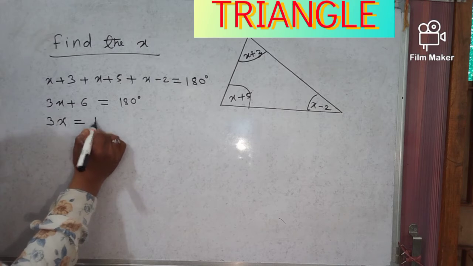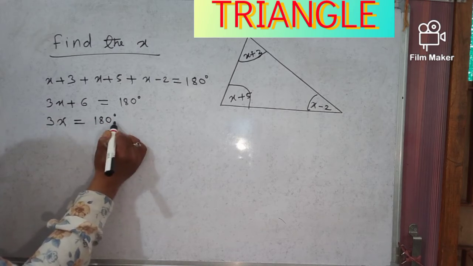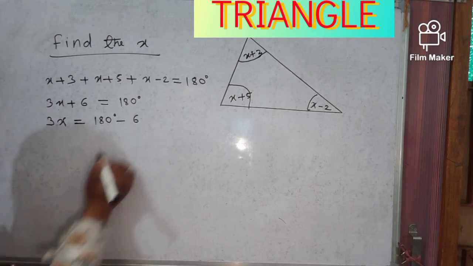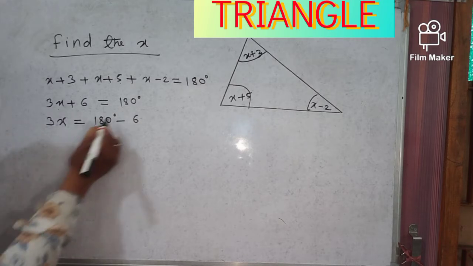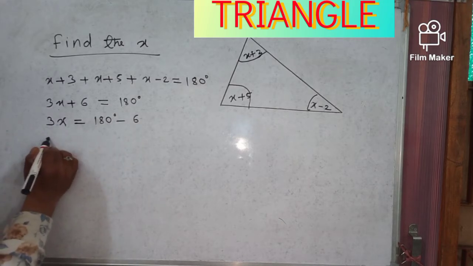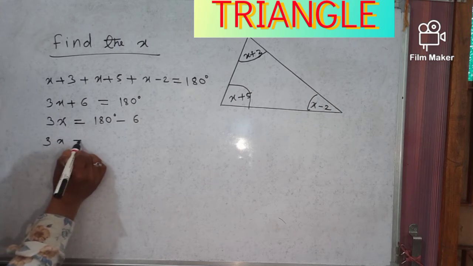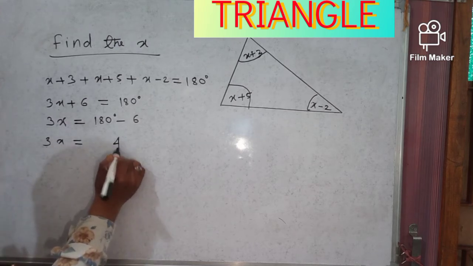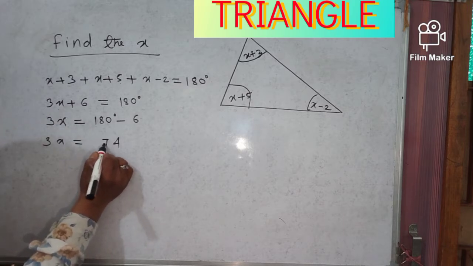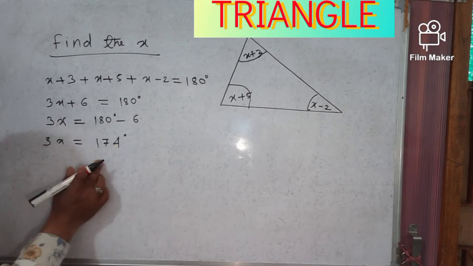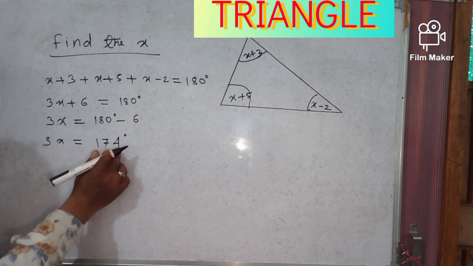Now see here, 3x plus 6 is equal to 180 degrees minus 6, right? So it will be minus. Okay, so 3x is equal to 174 degrees.